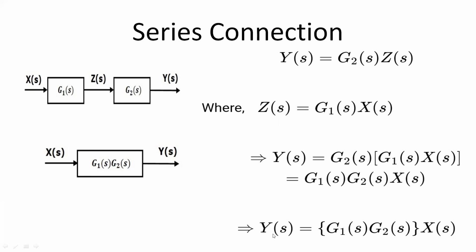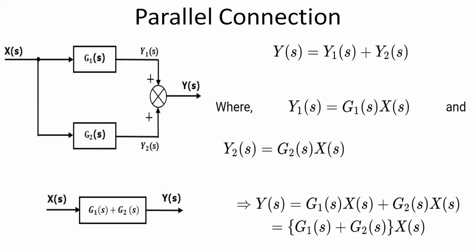So we can always say that Y(s) is equal to G1(s) into G2(s) as the gain, times X(s) as the input. Right? So that means we can represent the series connection of two blocks with a single block, and that is the product of the transfer functions.